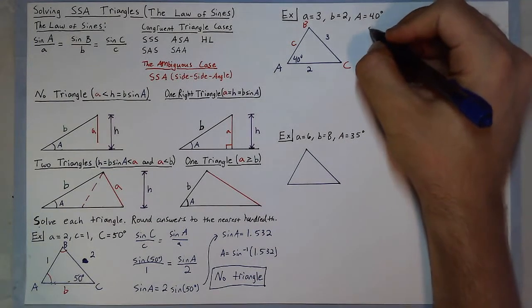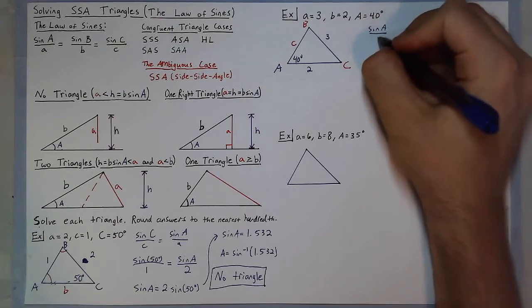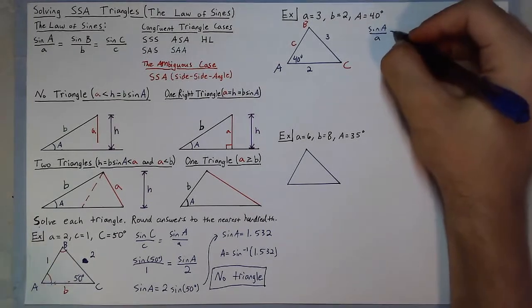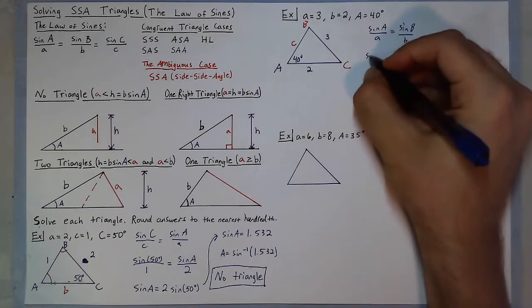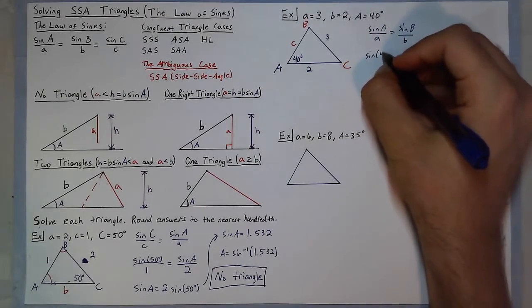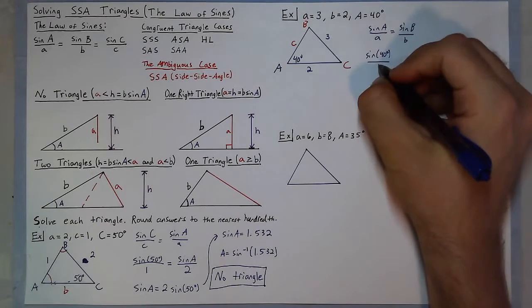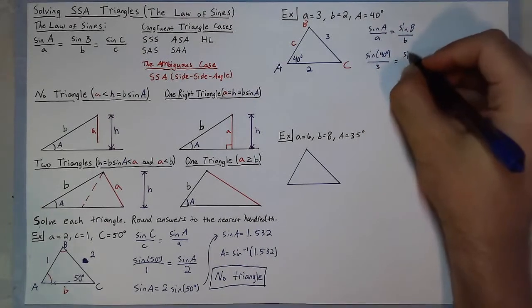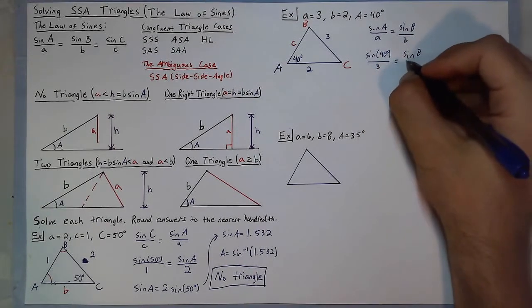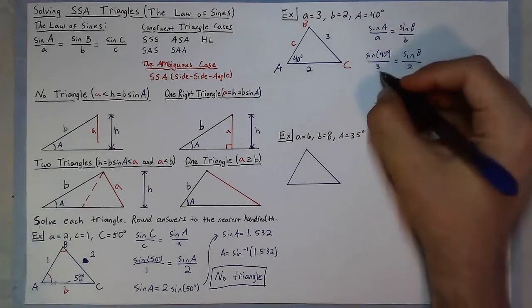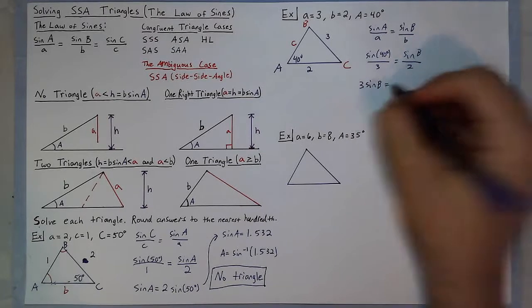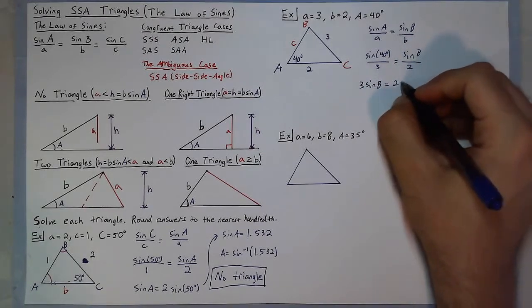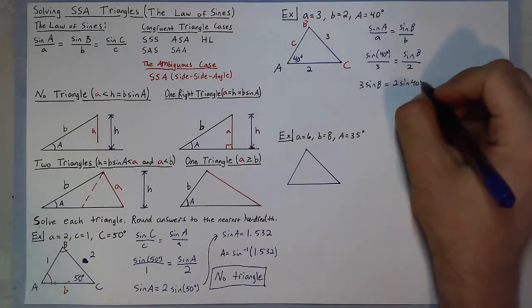So I have sine of A over A is equal to sine of B over B. So that's sine of 40 degrees over 3 is equal to sine of B over 2. So cross multiply, I get 3 sine of B is equal to 2 sine of 40 degrees.